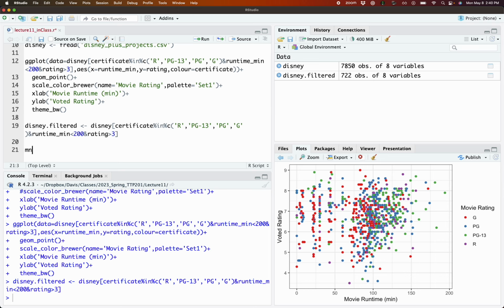And we will create our model, regressing certificate on runtime and rating, and our data is Disney filtered.